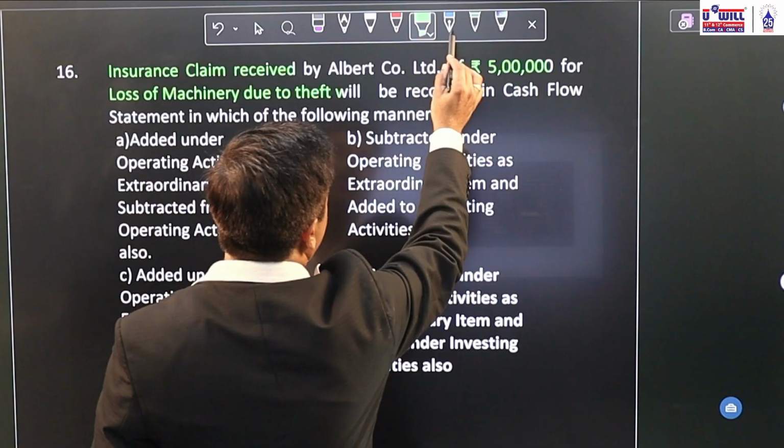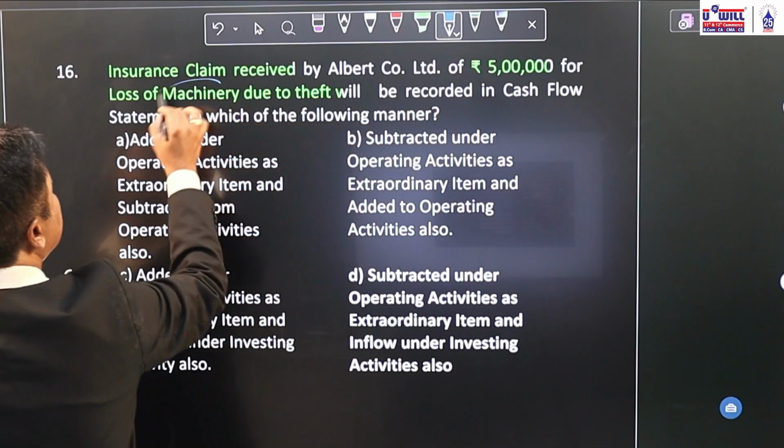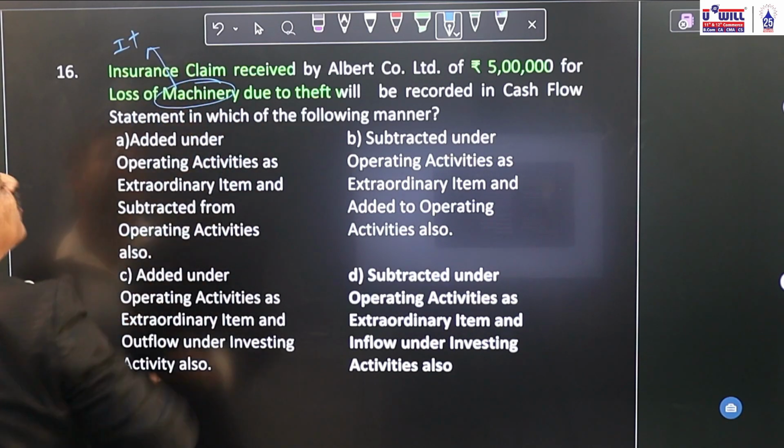Now, if you have received insurance claim for loss of machinery due to theft, machinery basically comes in investing activities. So it will be taken as investing activities inflow.